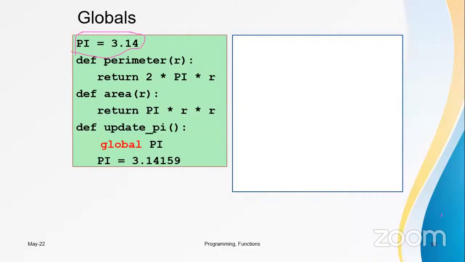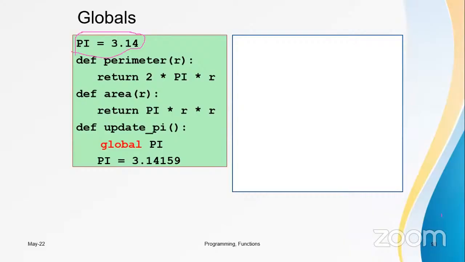I don't have any right to change the value of 3.14, and I don't need to declare it everywhere. In every definition, I don't want to write that pi is equal to 3.14. Area is pi r square, perimeter is 2 pi r, and I don't need to mention pi each time. It will always take the global value.